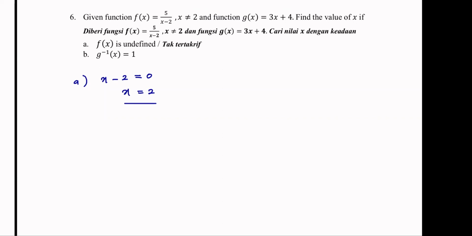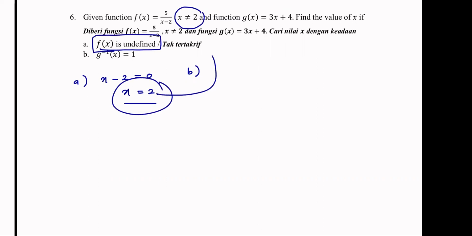Settle. Okay, we go for B. Okay, G inverse x equals to 1. Okay, so G inverse of x. The question state that x not equal to 2. You cannot use x equals to 2. But here they say what is undefined. Fx is undefined means x is 2. So you put the 2 inside there, is undefined. Understand?